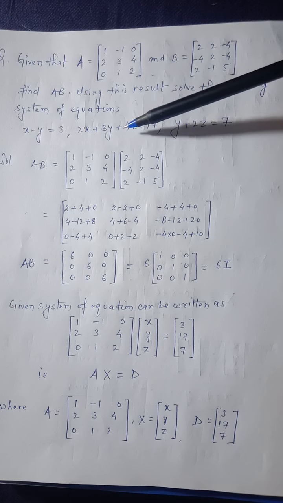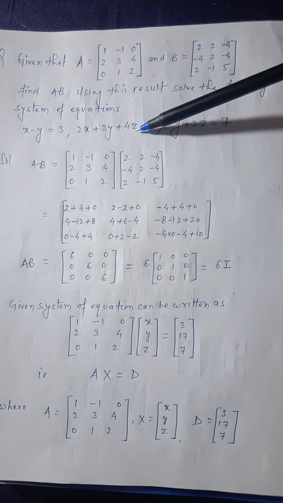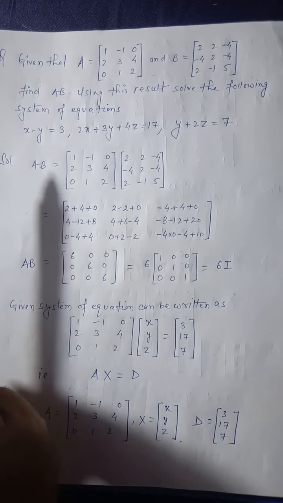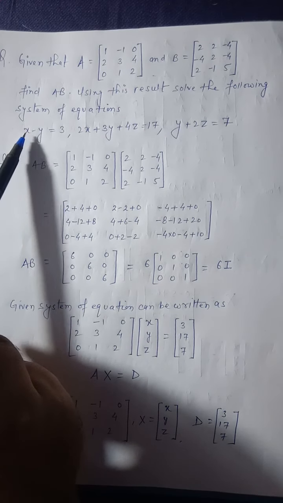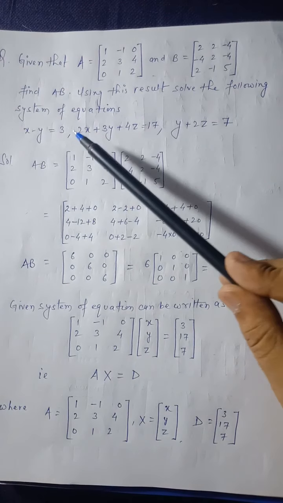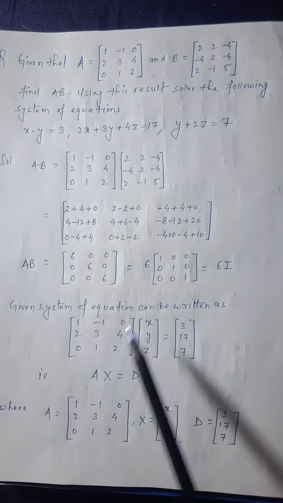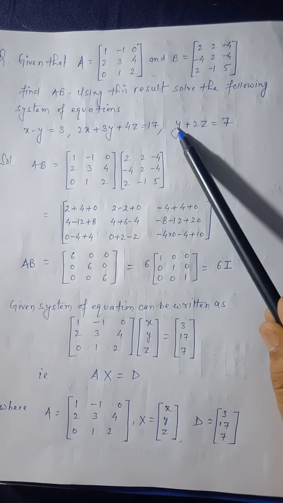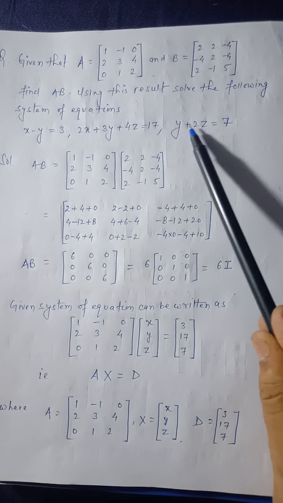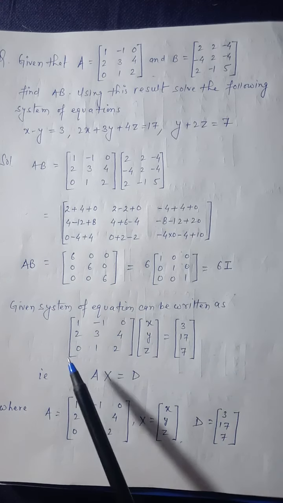And the second question is to solve this equation. So form the matrix equation. First make the coefficient matrix: 1, -1 and 0, then 2, 3, 4, finally 0, 1, 2. Why have I taken 0? Because x is not present here, that's why the coefficient of x will be 0.